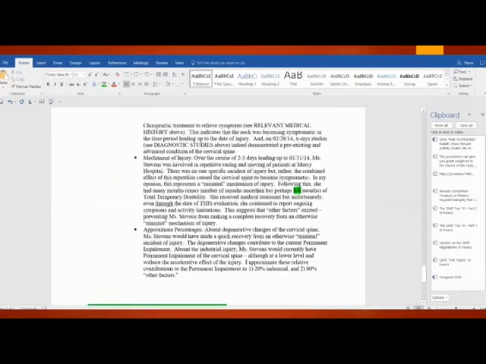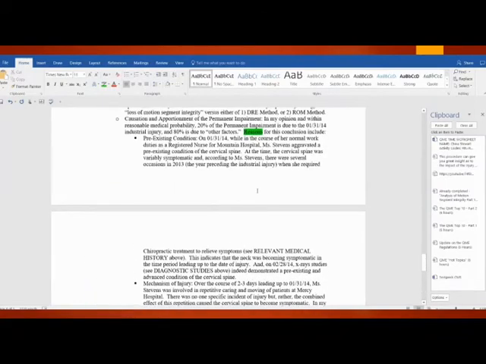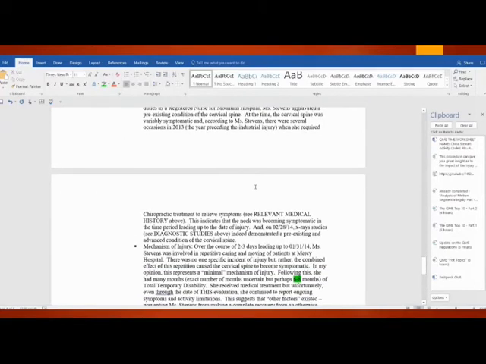Okay, so this is an actual case, and every case is different, and you may opine differently. There is no right, there is no wrong, but this is just an example of how I opined in this case and how the loss of motion segment integrity finding contributed to my final opinion on permanent impairment.